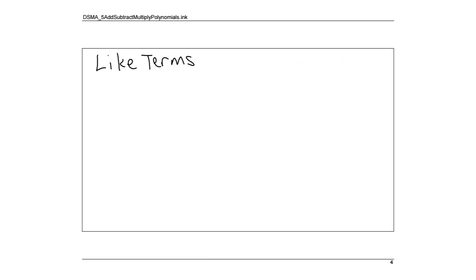All right, let's talk about like terms. We saw when we were working earlier that sometimes we would have terms like this, maybe like this, and we talked about that we could put the like terms together, so the x's could go together. 5x minus 3x gave us 2x, and that would be like having 5 cookies and giving 3 cookies away.